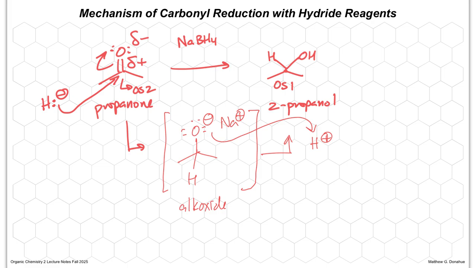And this is typically done during a workup stage of the reaction. And so now we end up with our neutral alcohol. And we can confirm that through IR by looking for that broad stretch.